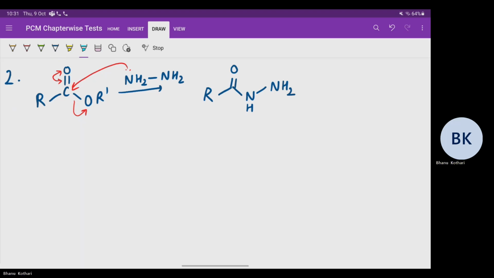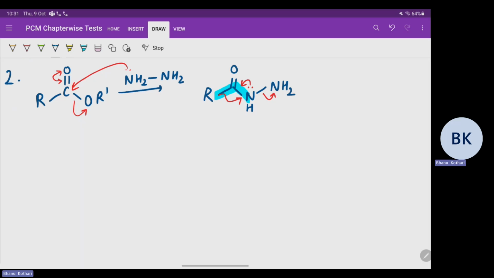There is an RCONH group, and for the rearrangement, nitrogen will donate its lone pair onto this carbon, and this R group will migrate to nitrogen, and simultaneously this NH2 group will depart from it. Okay, this is the mechanism that will take place.